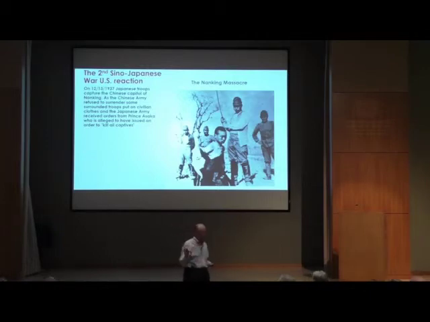This angers the Japanese incredibly, and it is believed that Prince Asaka, who is part of the royal family in Japan, an imperial relative of Hirohito, orders that all captives in the city be killed because they can't tell who was a soldier and who was a civilian.